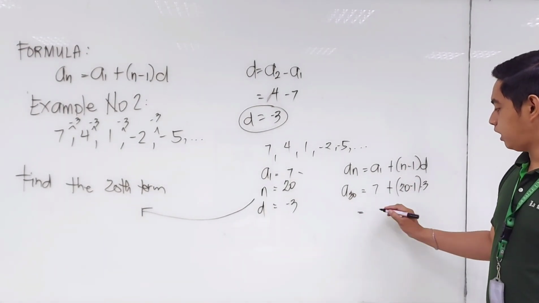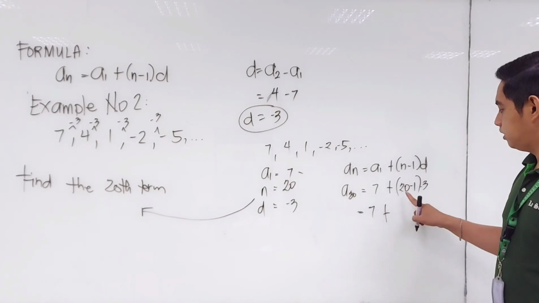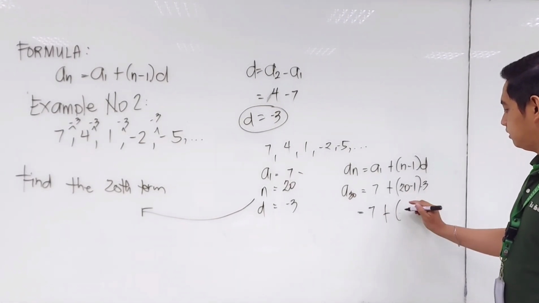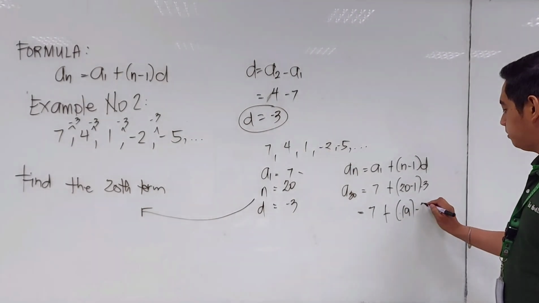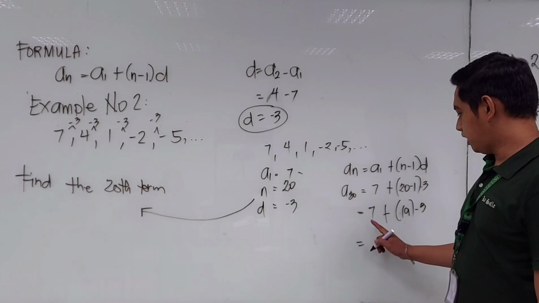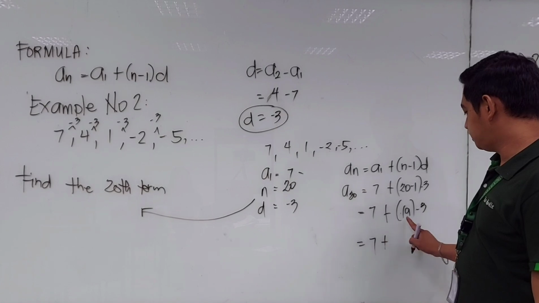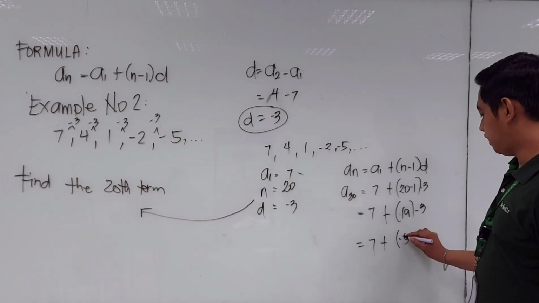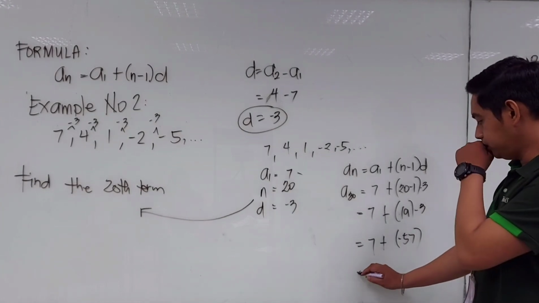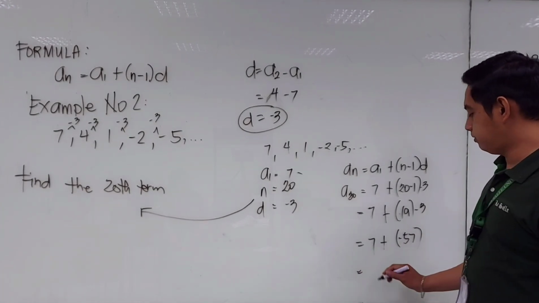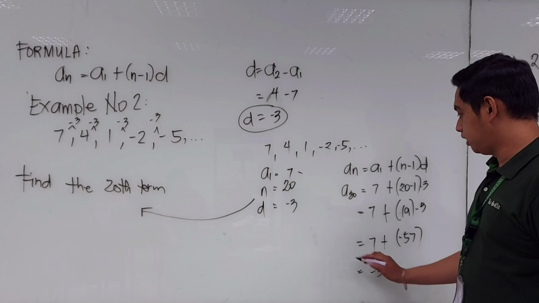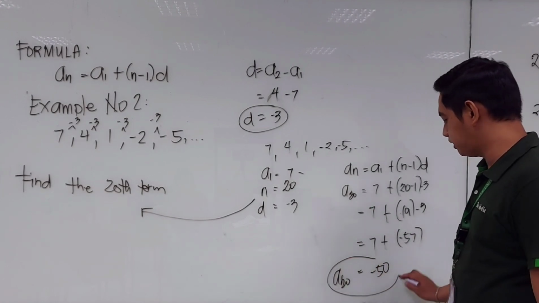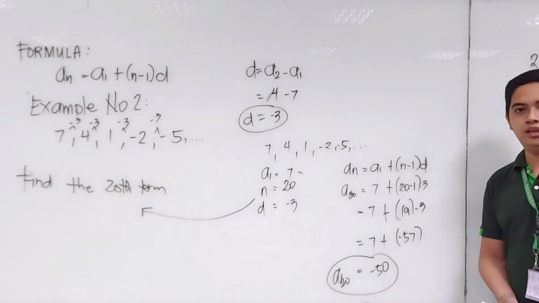So 7 plus 20 minus 1 is 19. So 19 multiplied by negative 3 is negative 57. So 7 minus 57 is negative 50. So our A sub 20, or the 20th term of this sequence, is negative 50.